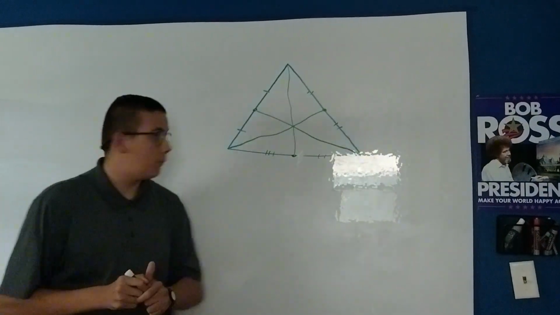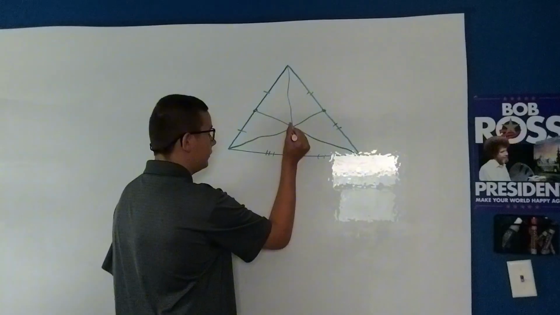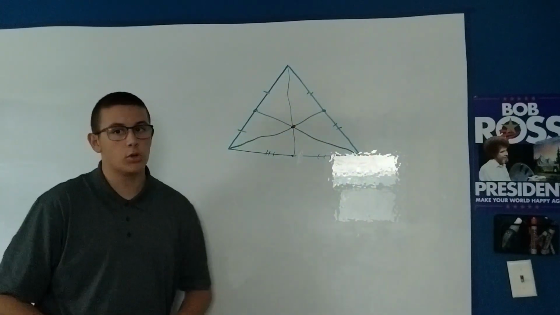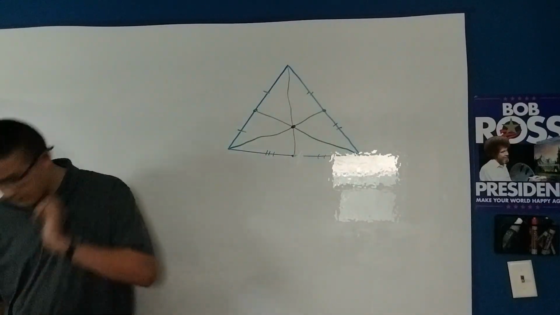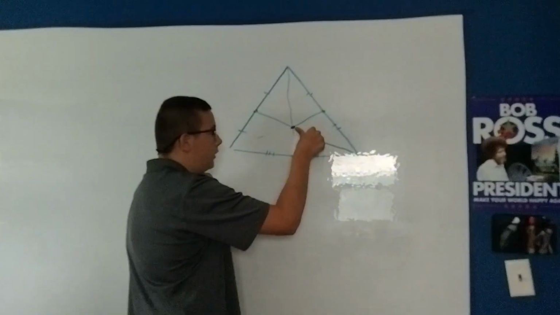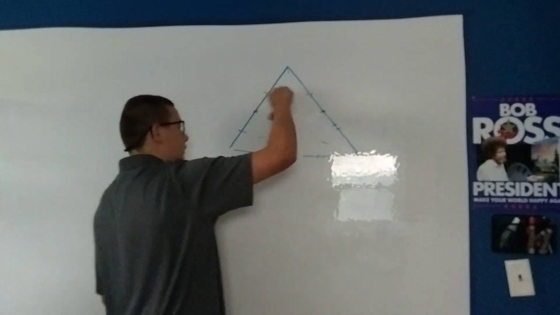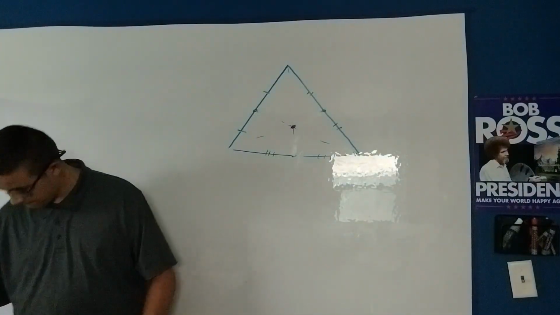And right there, that point where all three of them intersect is going to be your centroid of the acute triangle, like that. And again, if I erase all of these really quickly, you can see that looks about like the center of the triangle.